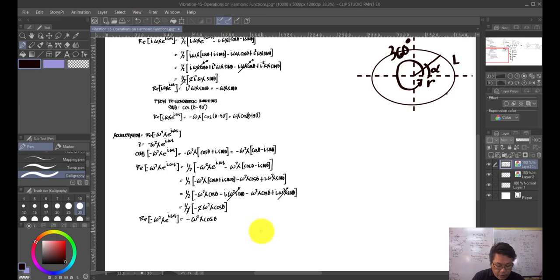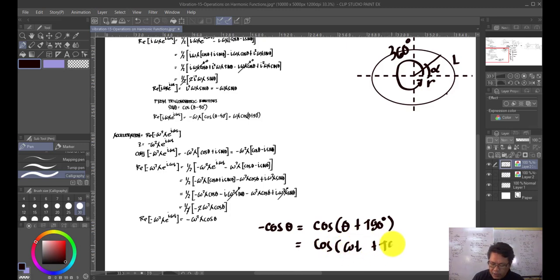Negative cosine of theta is equal to positive cosine of theta plus 180 degrees. Or we can express this as cosine of angular velocity times time plus 180 degrees.